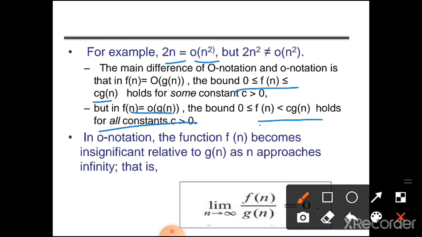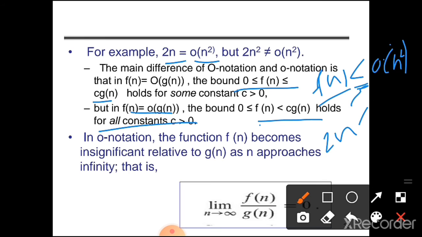So here our condition is f of n less than little o of n square. Here f of n is 2n less than n square. If n is equal to 1, it is 2 less than or equal to n square, which is 1 squared.